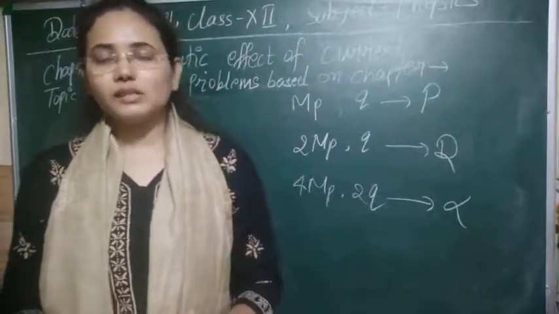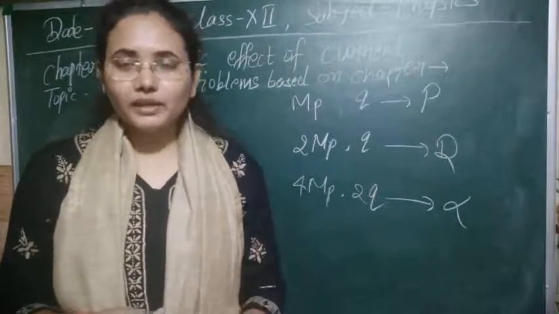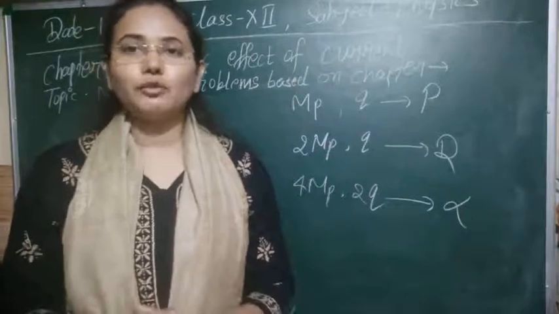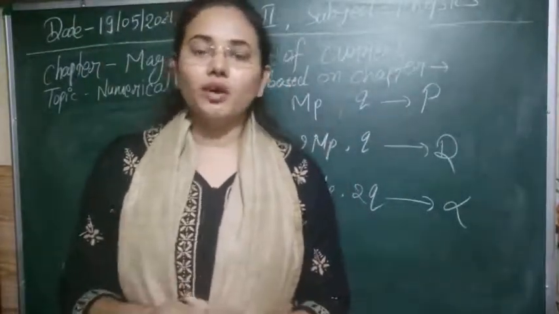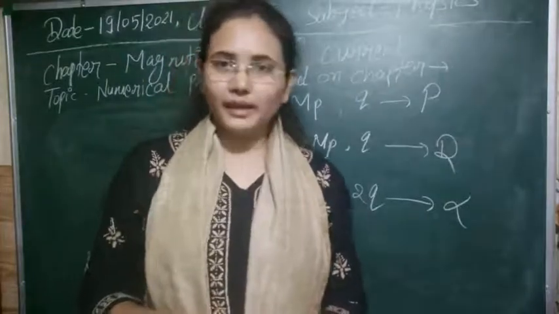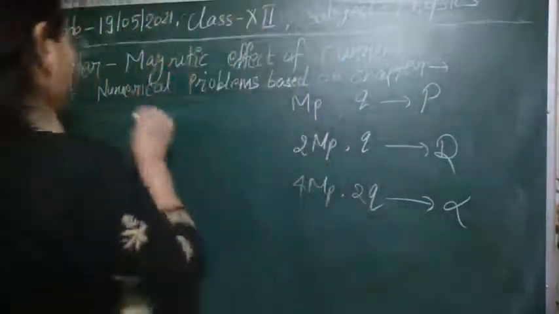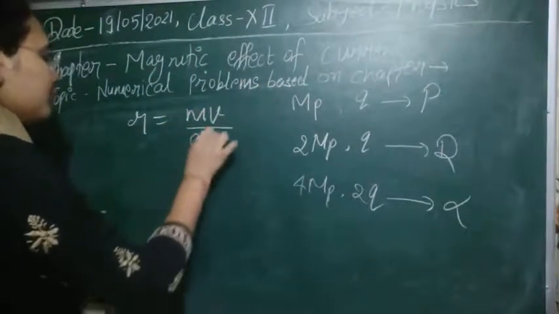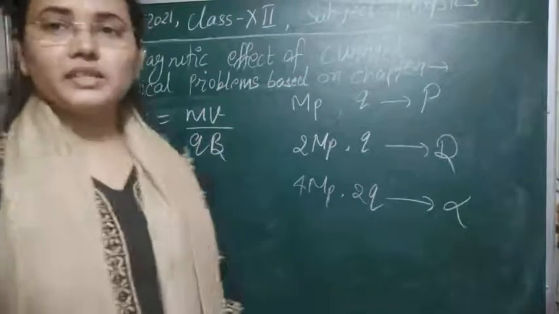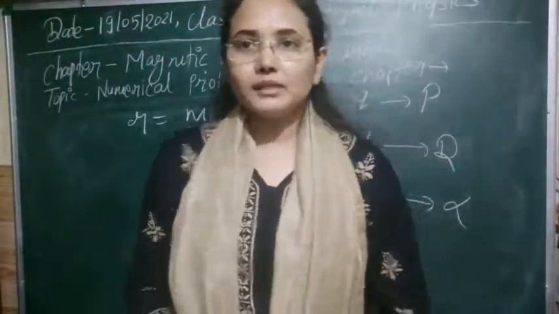Whenever it does circular motion, it will have some radius, and here we have to compare those radii. From the theory we already have the formula for the radius: R is equal to mv upon qB. This is the formula through which we can find the radii for the particles given to us.